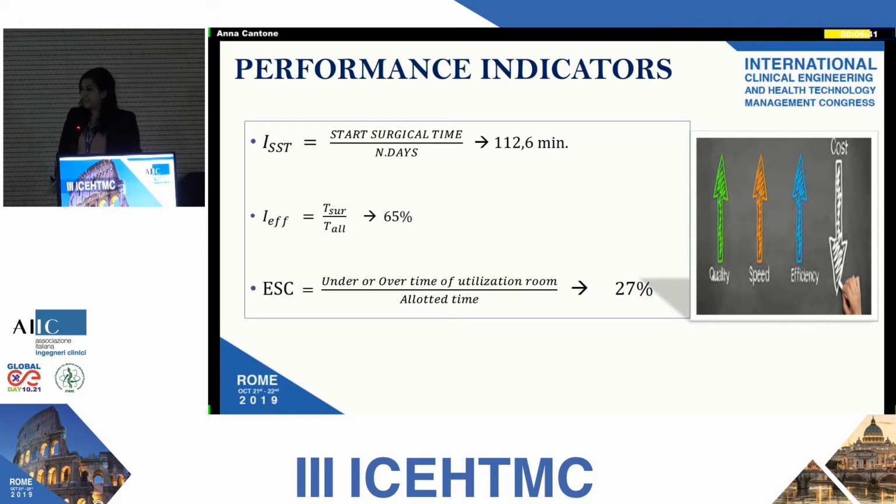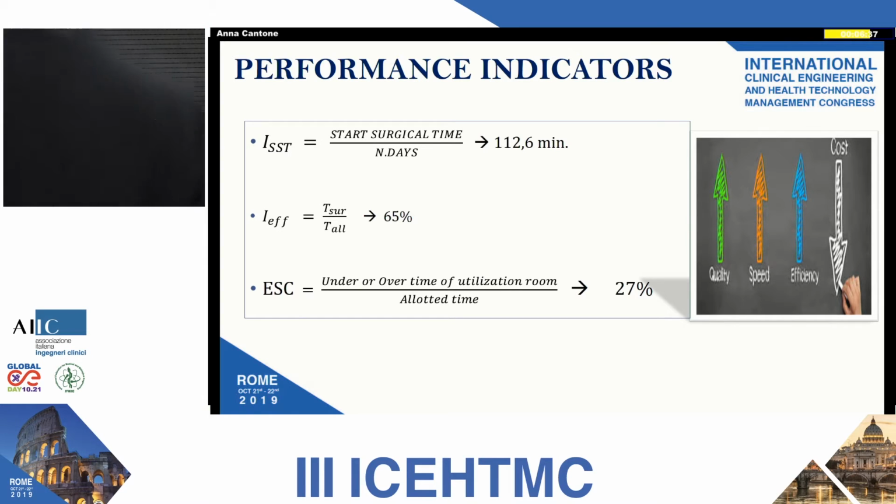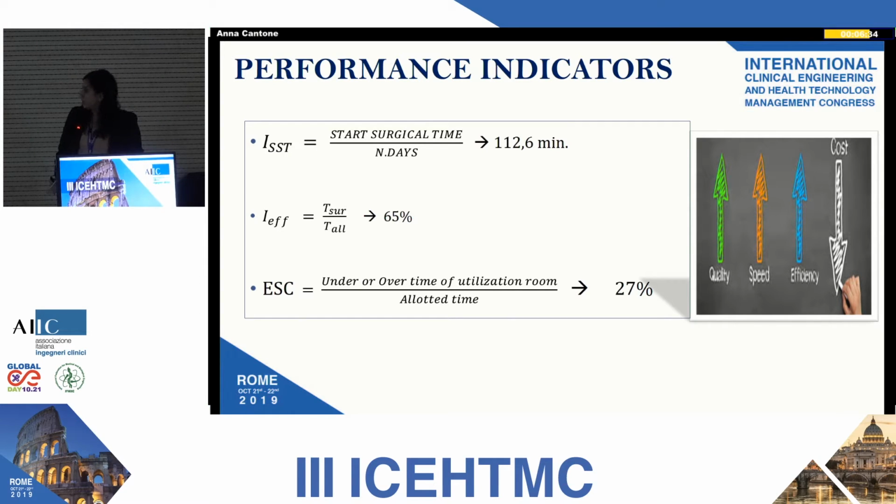The first is the start surgical time, given by the ratio between the start surgical time and the number of days in which I stayed in the operation room, 20 days, and the result is a delay from the first cut of 112 minutes. The efficiency indicator is given by the ratio between the surgical time and allotted time, with a result of 65%, and the excess staffing cost.